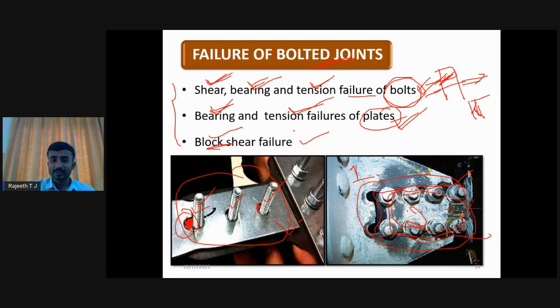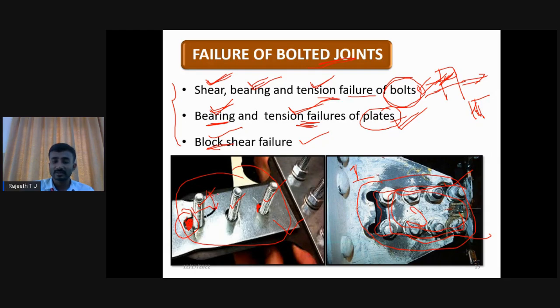The shear strength of the bolts, the bearing strength of the bolts, the tensile strength of the bolts, the bearing strength of the plate, the tensile strength of the plate, and also block shear failure. Typically, we can avoid the tension failure of plates, the bearing failure of plates, and also the tension failure of bolts by providing proper end and edge distance.